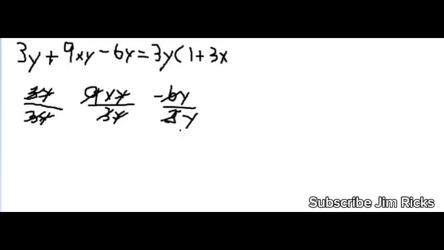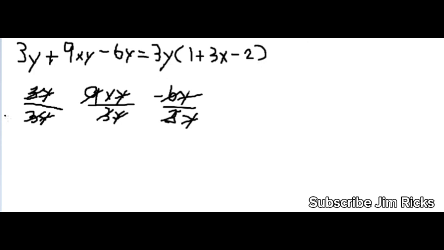Negative 6 divided by 3 is equal to negative 2. And since they are the same variables with the same exponent, we're going to cancel them. Sorry for the lagging. Since there are no variables left in this fraction, our final answer is negative 2.